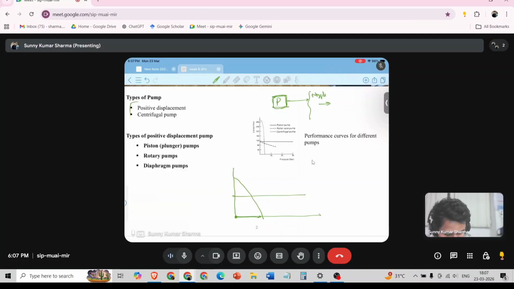So there are two types of pumps. First is positive displacement pump, second is centrifugal pump.